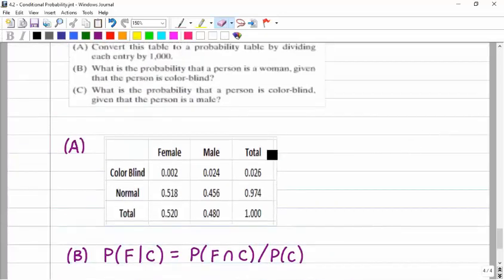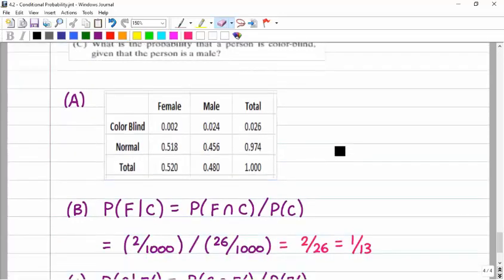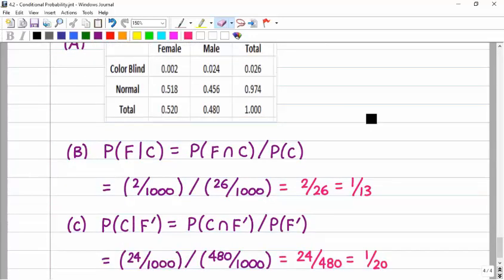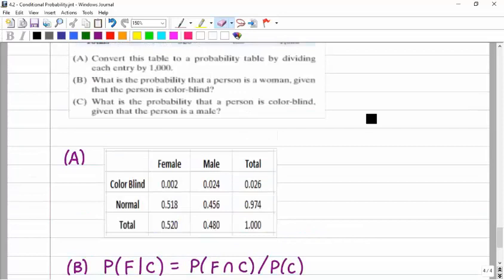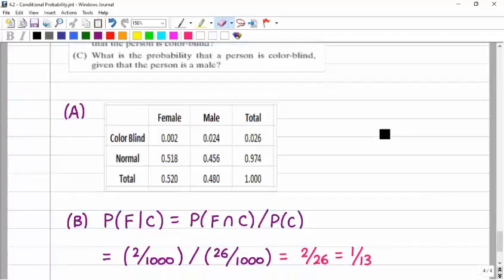The next one says probability that a person is a woman given that the person is colorblind. Wait, I reread the same question. Probability the person is colorblind given that the person is male. Colorblind given male.